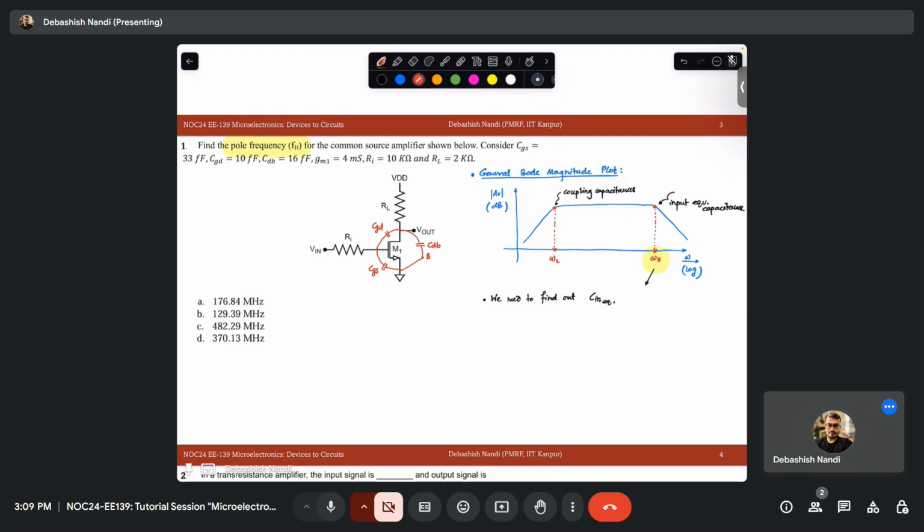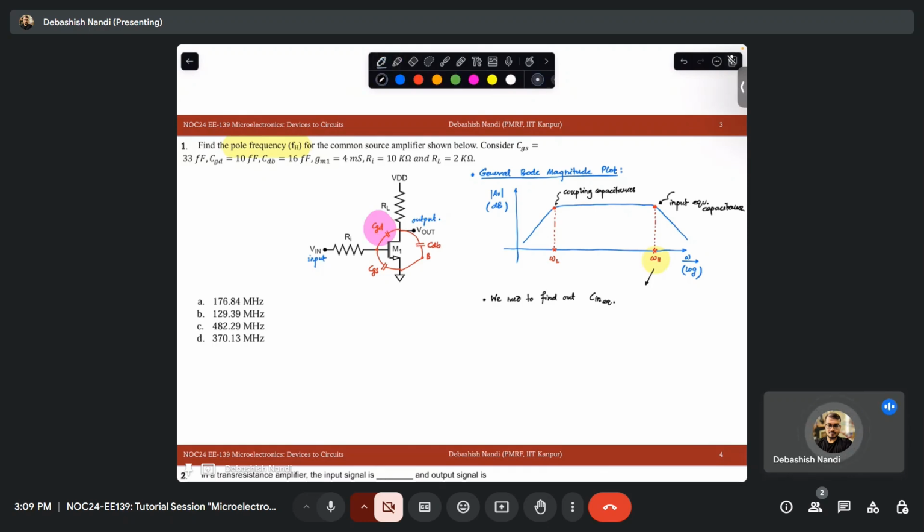Now, this is your input, and this is your output. So you have one capacitance which is connected between input and output.